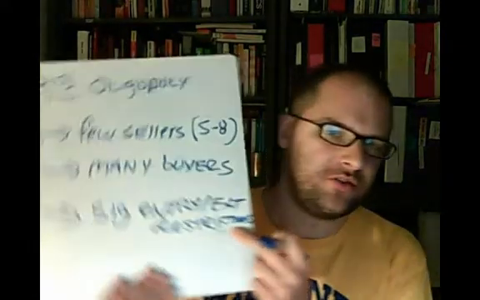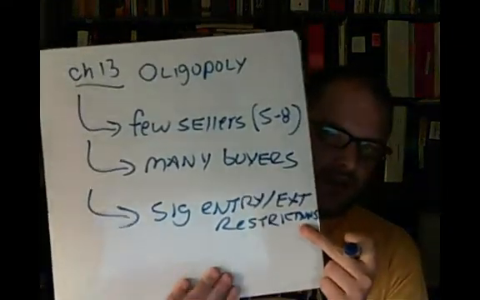Now, the question becomes one of how do these entry-exit restrictions exist? What form do they take? Well, the form that they take is either one of name recognition. For instance, the automobile industry is a perfect example of an oligopoly. A car is a significant purchase, $20,000, $30,000.